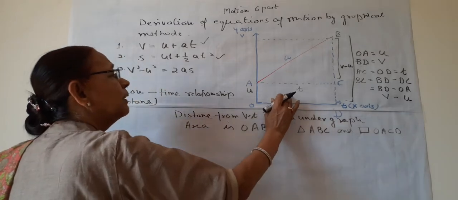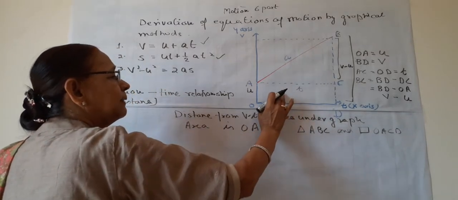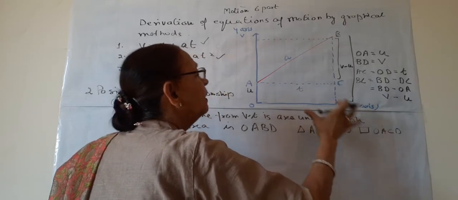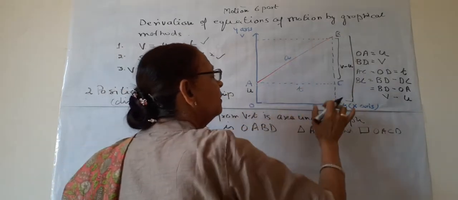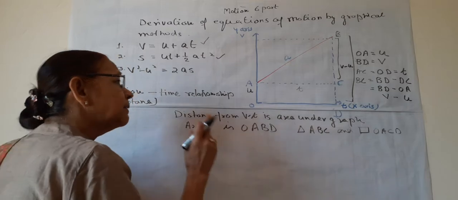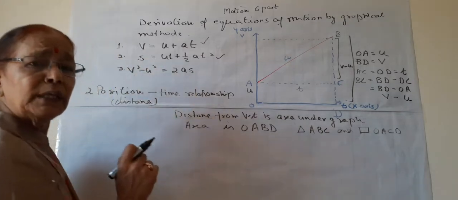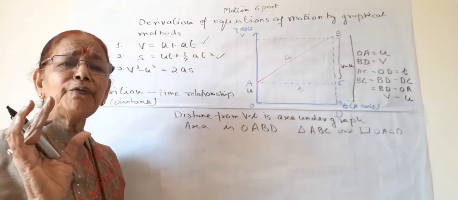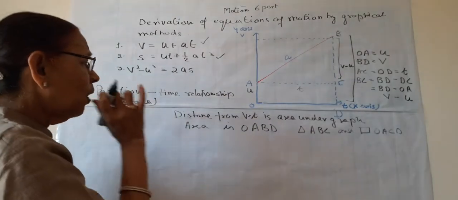If we know the area of this triangle and this rectangle, and if we sum up both areas, then we will get the area of this trapezium, and this area will be equal to the distance travelled. Is it clear to all of you? Are you following?